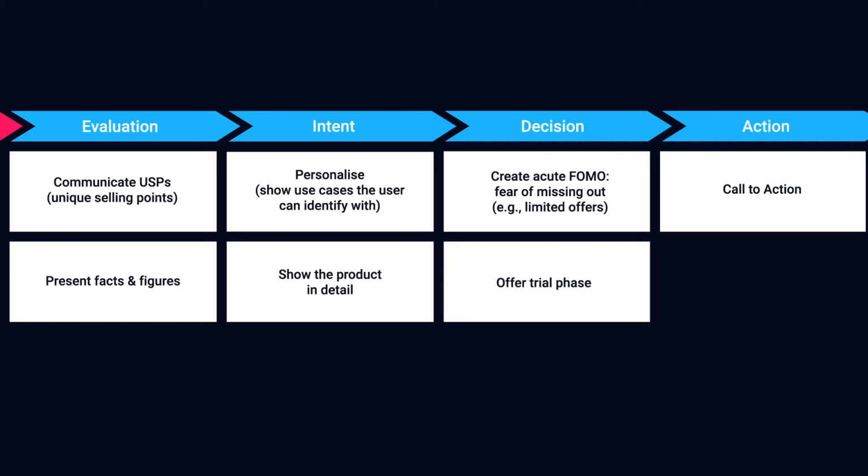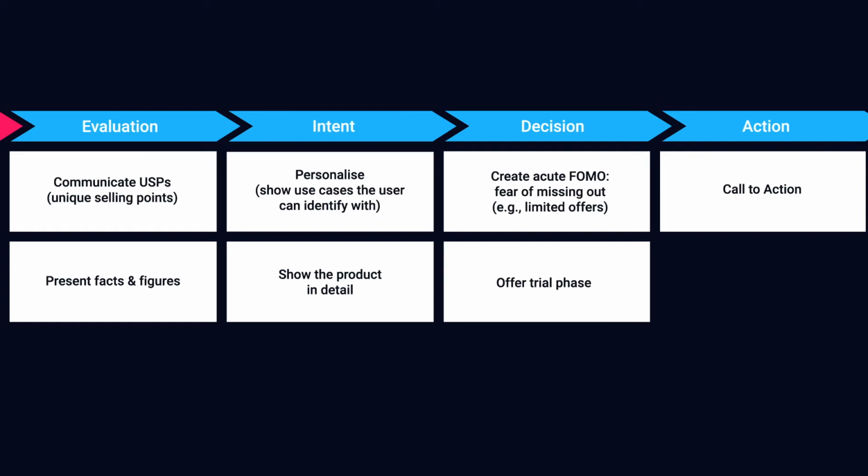Leading on to the decision, which can either be based on just belief of the prospect that the product is good, or it can also be triggered by certain things that you can do. I think creating the fear of missing out is one of the more popular ones. We all know it in the form of artificially limiting the demand of a given product.